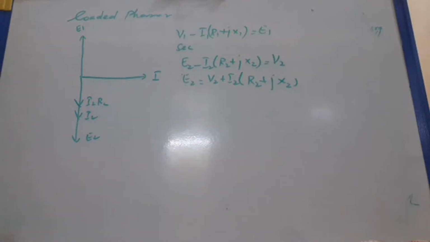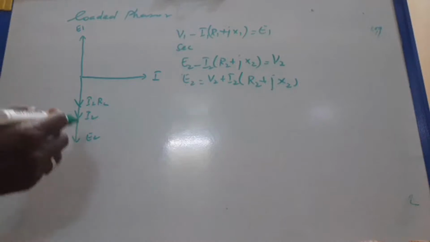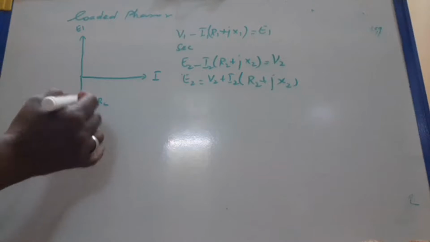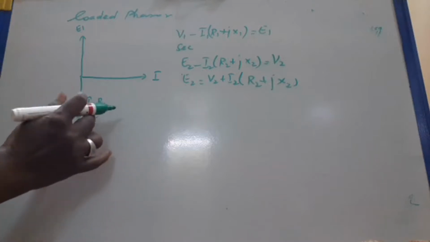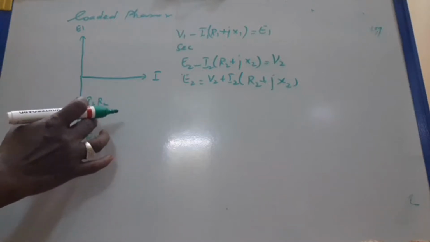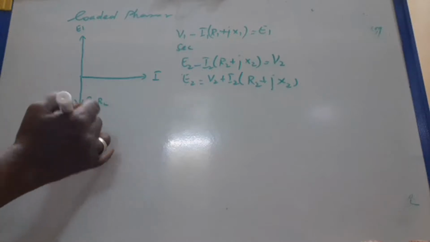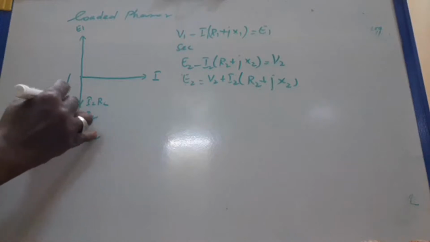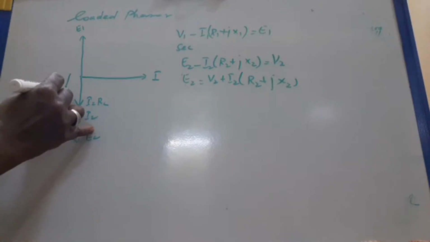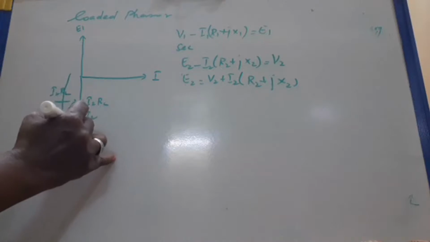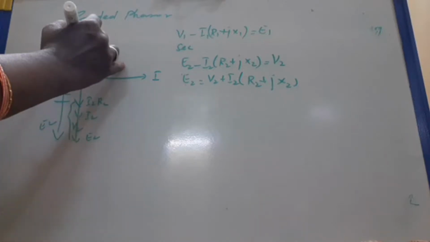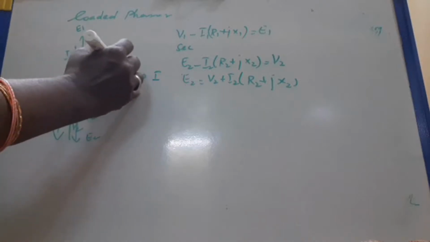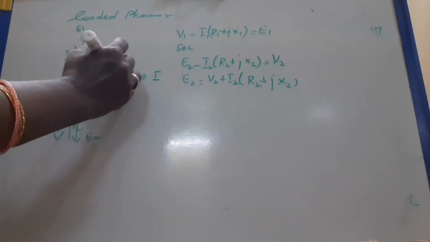So E2 equals V2 plus I2 R2, that is, E2 minus I2 R2 gives V2. Similarly, you extend I2 to the primary side as I2 dash, and draw I0.